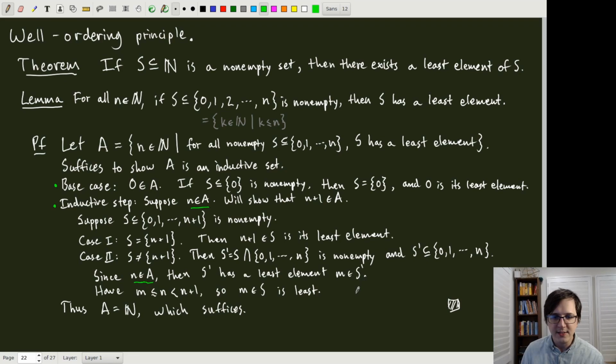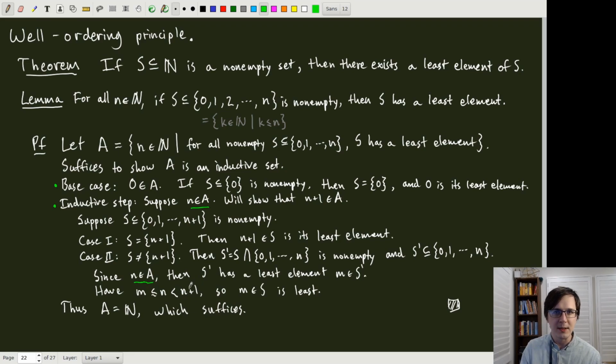So now let's reason with some inequalities. We know that M is less than or equal to n because S prime only has things from 0 through n. Secondly, we know that n is less than n plus 1. That's because n plus 1 is the successor, and that is how it goes by definition.